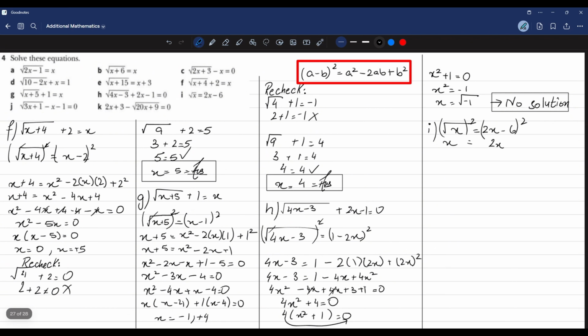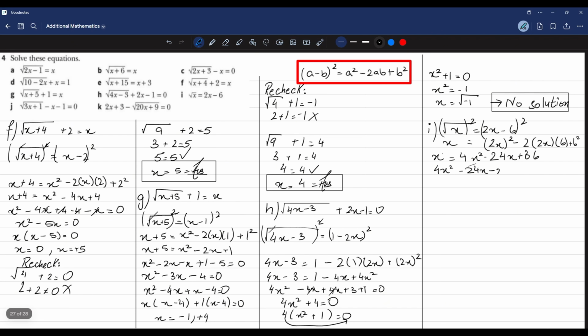So we have 2x whole squared minus 2 multiplied by a, which is 2x, multiplied by b, which is 6, plus b squared, which is 6 squared. So we would simplify this: 2 times 6 is 12, and 12 times 2 is 24, so 24x plus 6 squared is equal to 36. We've got 4x squared minus 24x plus 36 minus x.